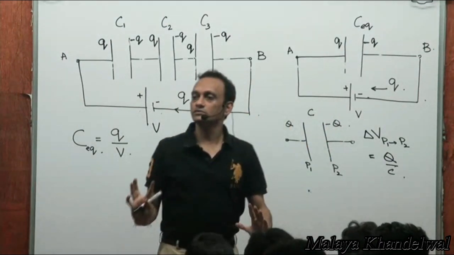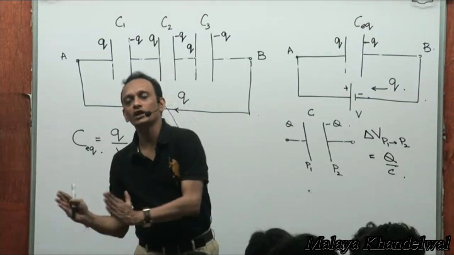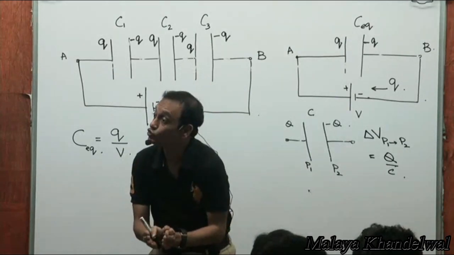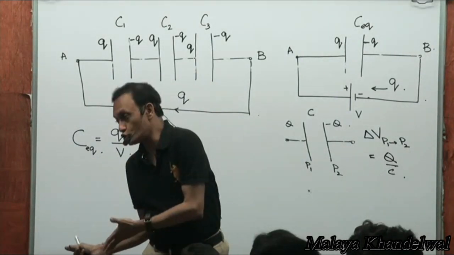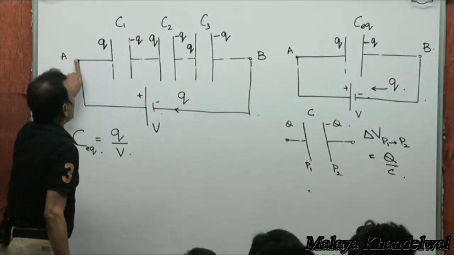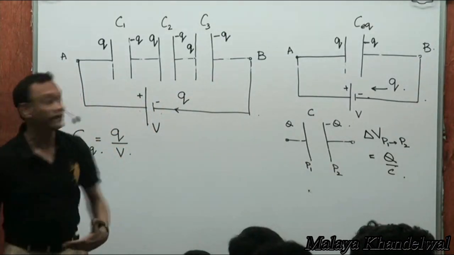Adhere to this convention, right? If you go from one plate to another, then the algebraic potential drop is going to be the algebraic charge on the first plate divided by C. Now, when I go from A to B, the total drop that I would encounter is V volts, right? Why?